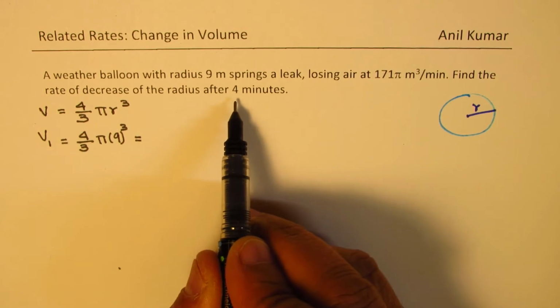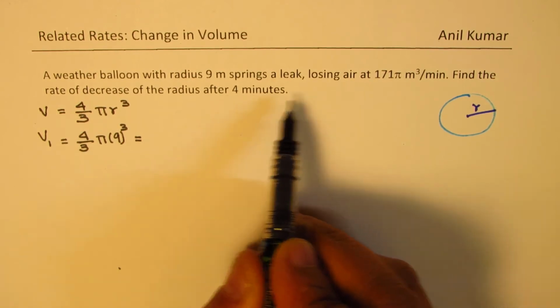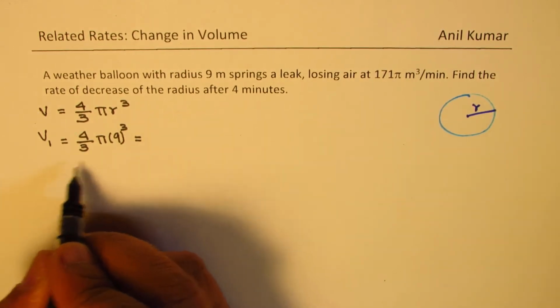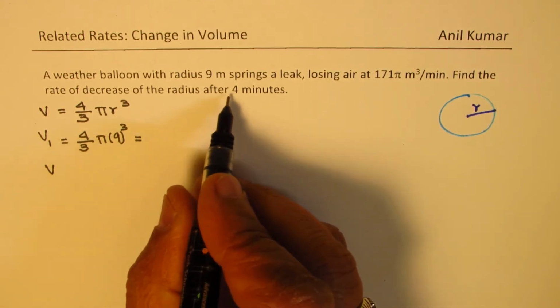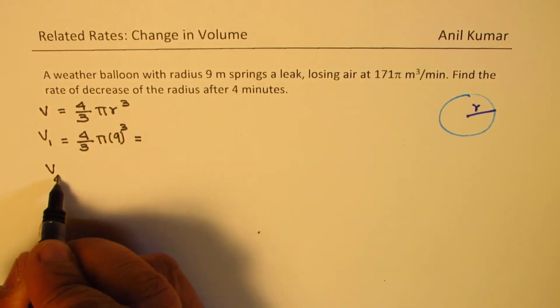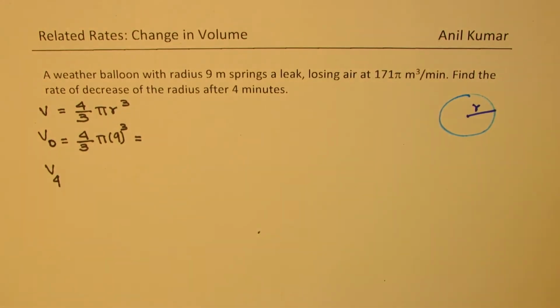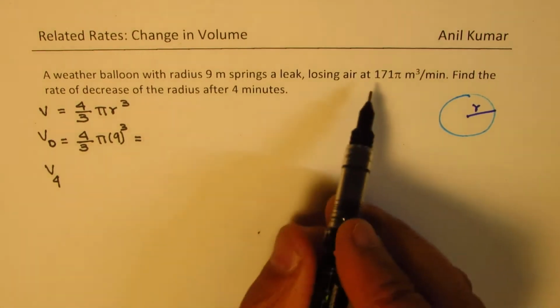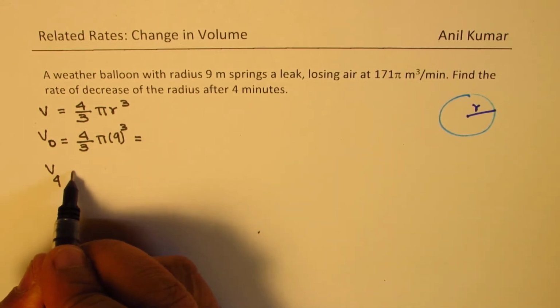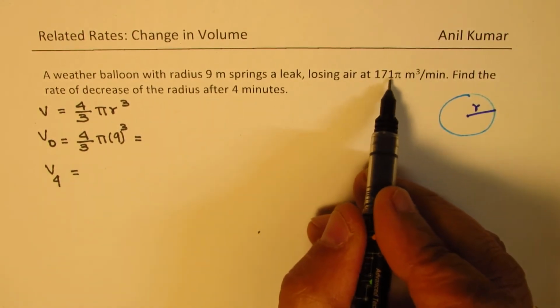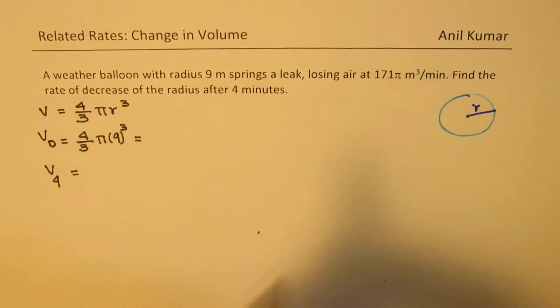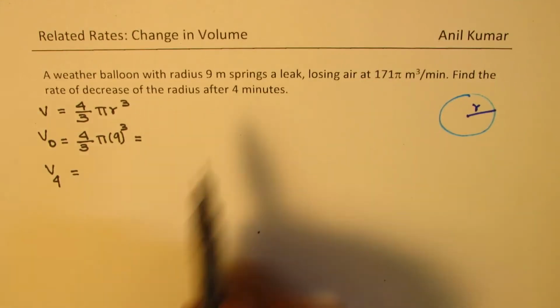So we can find the volume after 4 minutes, right? So that means the volume after 4 minutes, let's say V4. Initially we'll write 0, to start with. Now after 4 minutes, it is losing how much volume? 171 pi meter cube per minute.